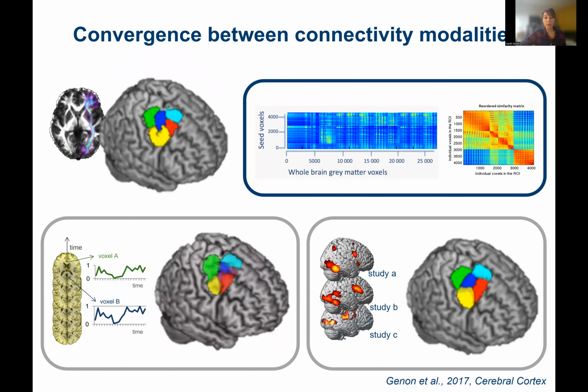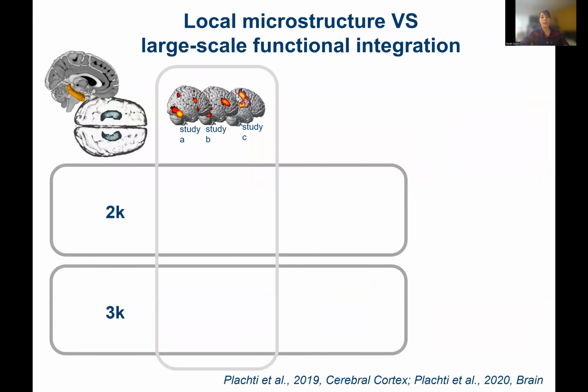However, if you look at the parcellation studies in the literature, you will see that they try to emphasize most of the time the convergence between the derived map, especially when it's based on connectivity features, and the map derived from local microstructure, looking for convergence to validate somehow the result of the parcellation study.